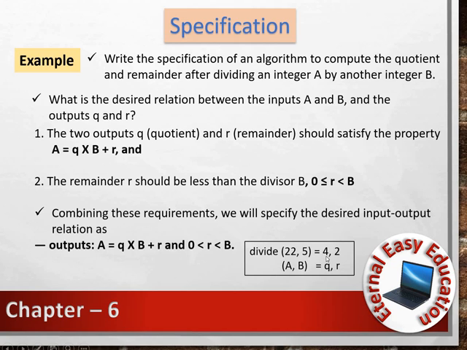So we are saying that quotient multiplied by the divisor plus the remainder will form the first integer, as you have learnt in maths.